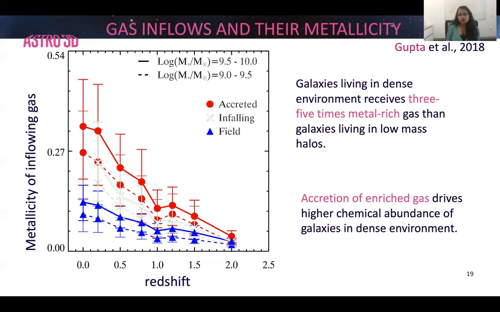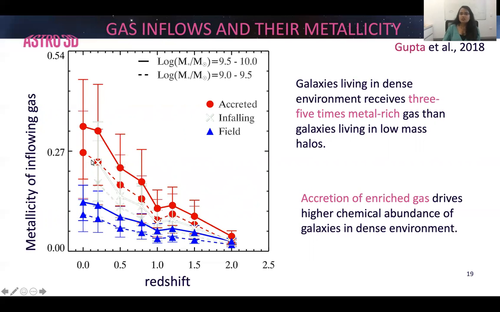But as we go to lower redshift, the metallicity of inflowing gas increases. That is, this inflowing gas becomes a bit less pristine. It has more metals. But in the cluster sample, the metallicity of inflowing gas is about 3 to 5 times more than the metallicity of inflowing gas in the field.